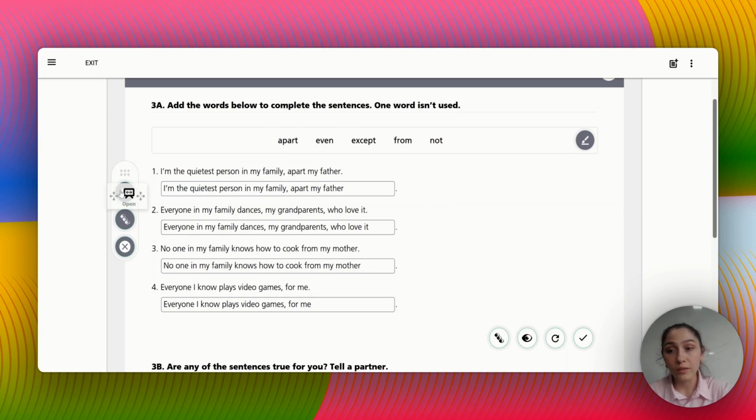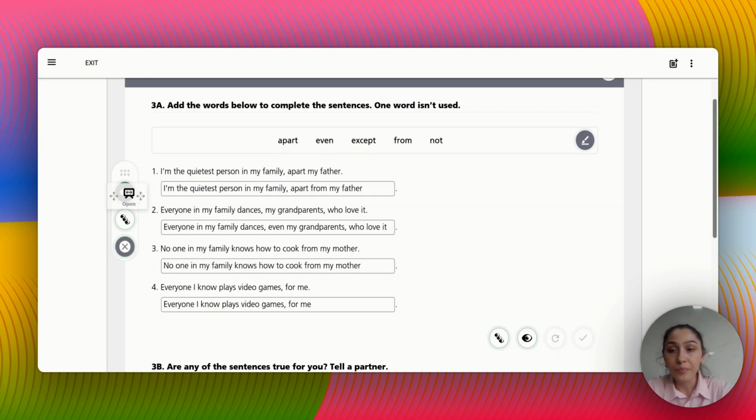So here we need to use apart from my father. Number two, everyone in my family dances. My grandparents who love it. Everyone in my family dances, even my grandparents who love it. They love it and they also dance.